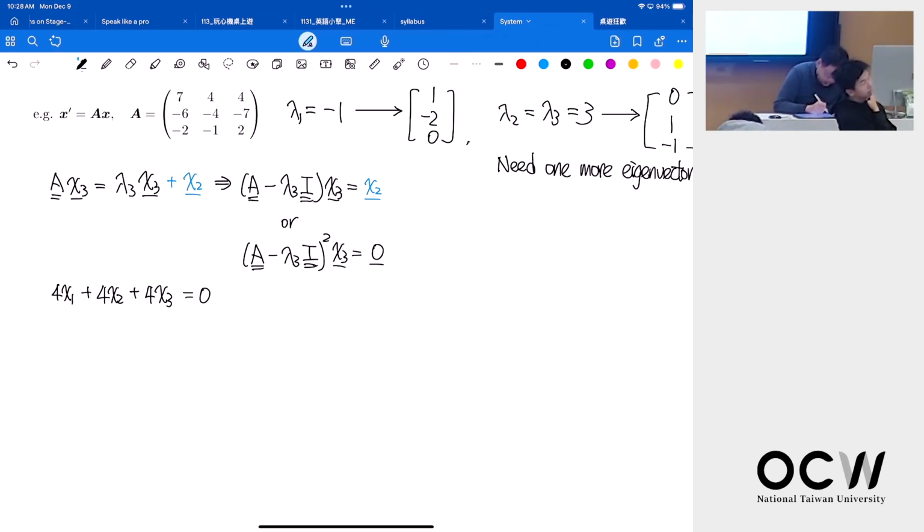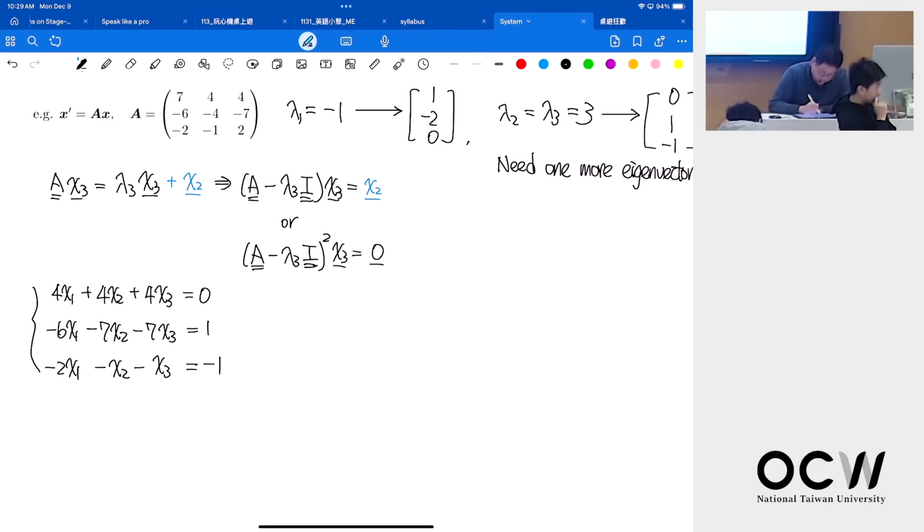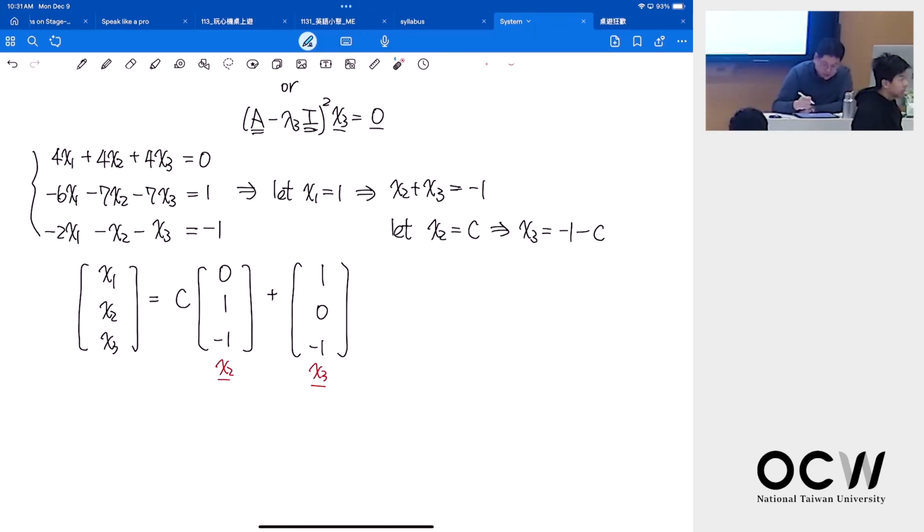Second row, minus 6x1 minus 7x2 minus 7x3 equals 1. Last row. So now we have this equation. All right, for this equation, we can find x1, x2, and x3.